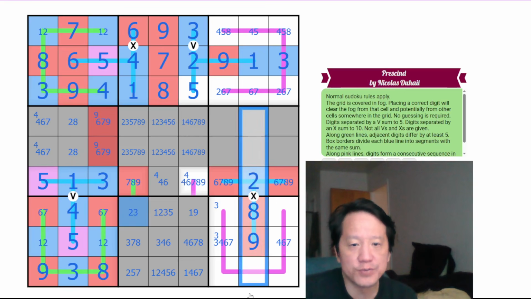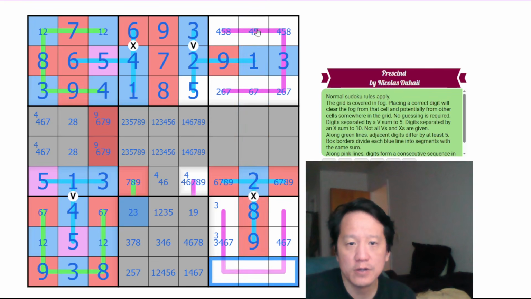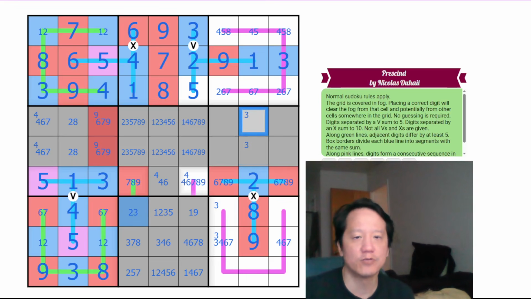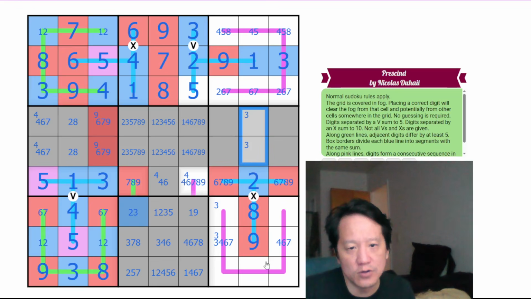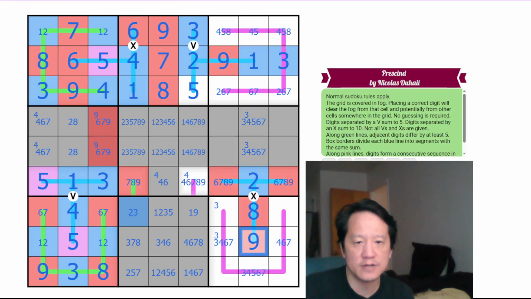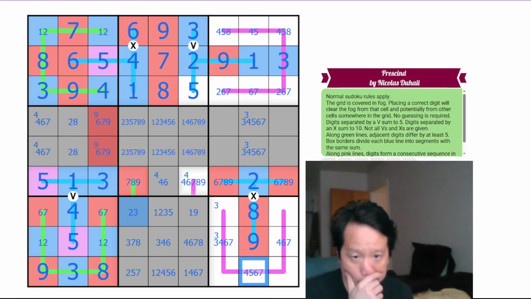So where is 3 in column 8? Cannot be here because of 3 in the row. Can't be here because of 3 in the box, so it has to be one of these two. So we have a guaranteed 3 here. Remaining digits in column 8 are 3, 4, 5, 6, 7. And obviously 3 cannot be there.